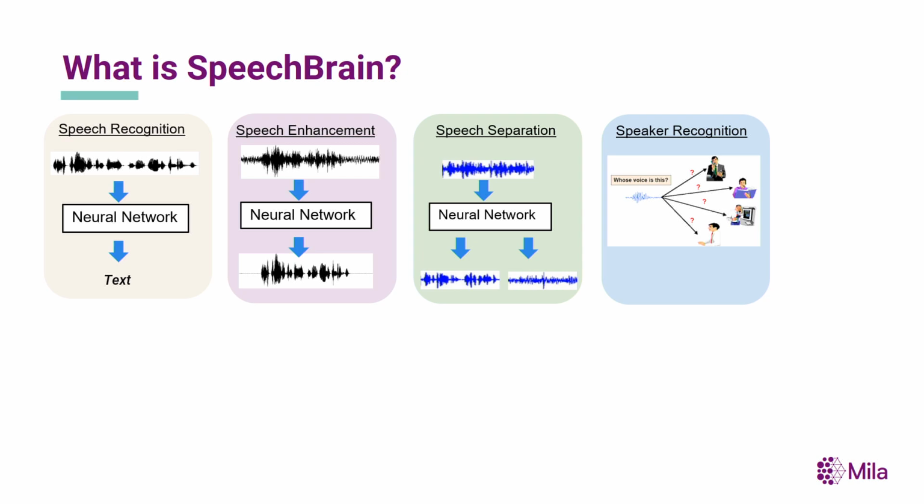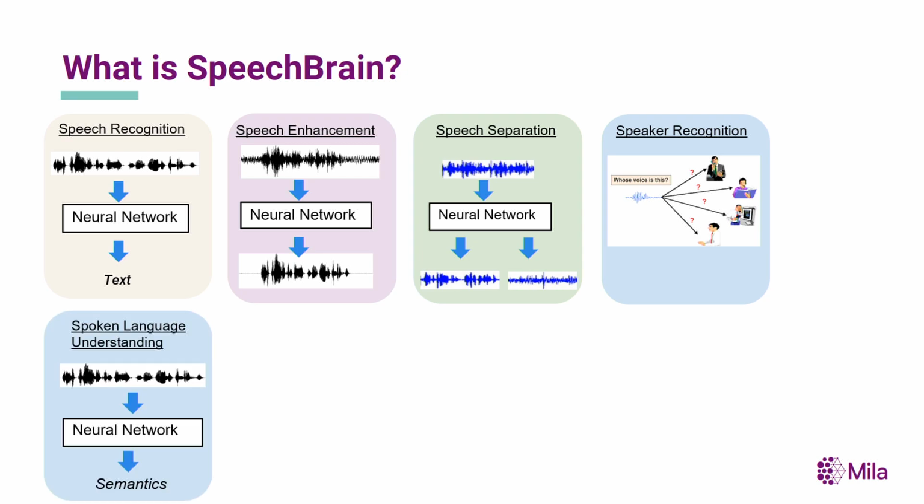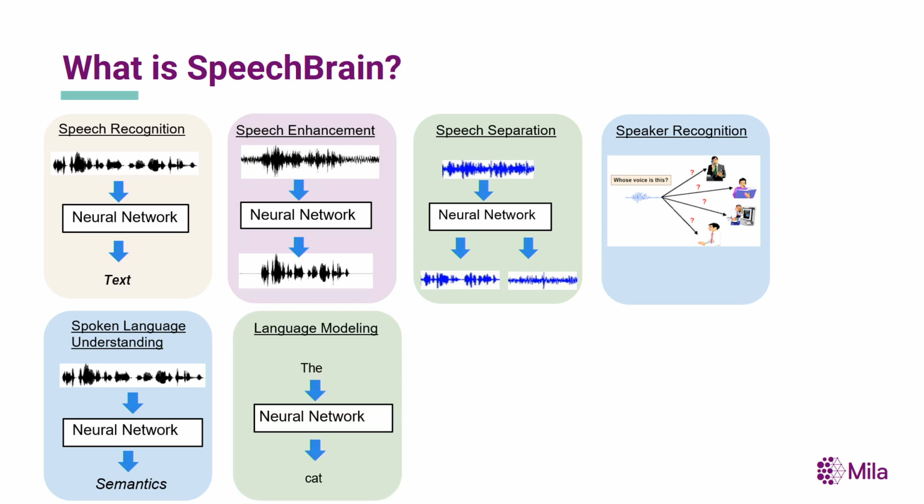Speaker recognition is about identifying the speaker that is speaking. In spoken language understanding, instead, we have an input, some kind of text or speech signal, and we would like to predict the semantic content inside this signal. Of course, we have a lot of language models that we use in different ways inside the toolkit.